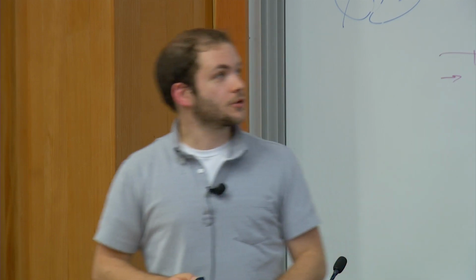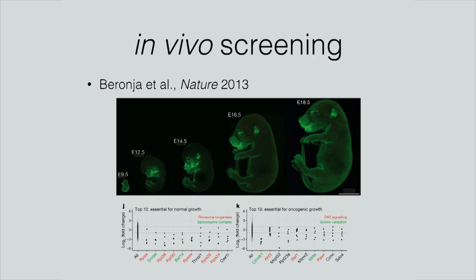Another exciting field is in vivo screening. This is actually an example from RNAi from Elaine Fuchs's lab that I thought was really nice, where they transduce mouse embryos with the full genome scale shRNA libraries, grow them for 9 days, and then harvest the epidermis, being the Fuchs lab, and look at what cells are both required for normal growth, and they also add oncogenic RAS and see what genes are responsible for oncogenic growth in utero in vivo.